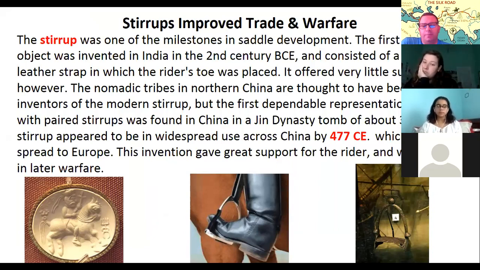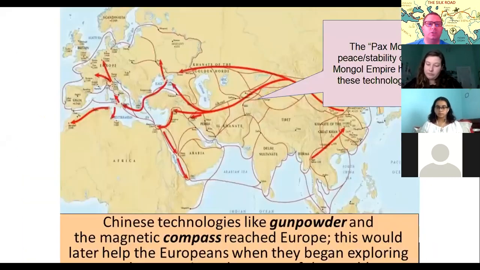The stirrup and these camel saddles give a lot of support to the people that are riding them, which would allow them to travel much further distances. They also eventually get used in warfare when we talk about using horses for all of that. But in terms of trade, when these people are traveling many thousands of miles, using a better saddle with a stirrup would give the rider much better support, which would allow them to travel a whole lot further.